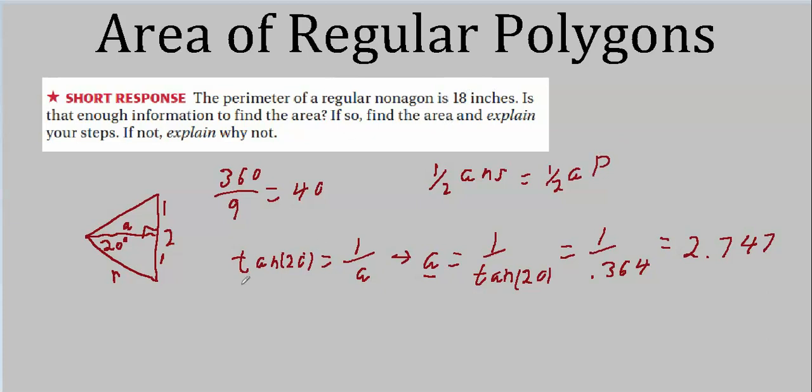Let's write it, 1/2 times 2.747 times 18. And we can cancel this and write this as 9 times 2.747.